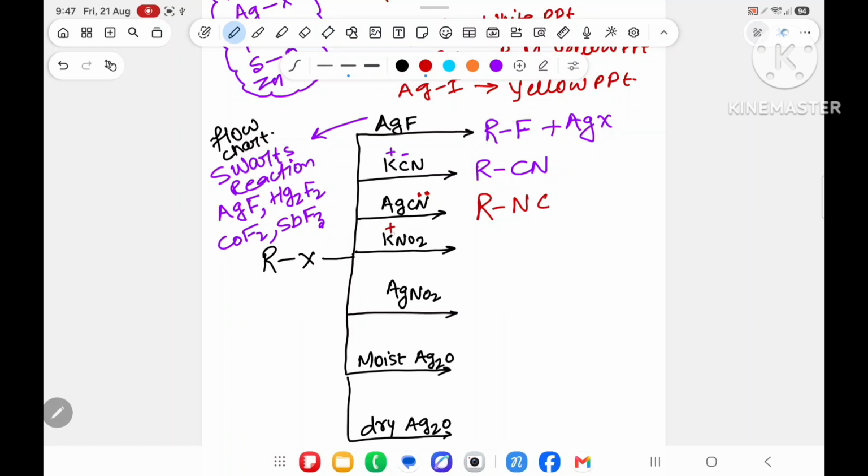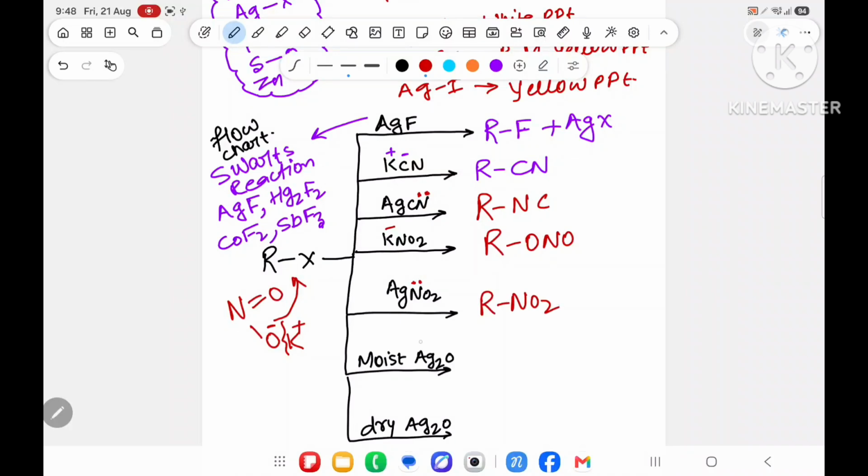Similarly, KNO2 structure first draw: N double bond O, O, K. It will break into ions, minus and plus, and it will form RONO. It will attack from the O minus side to give RONO. But again, Ag has pseudo noble gas configuration, so it will not break. It will attack from the N side to give RNO2.